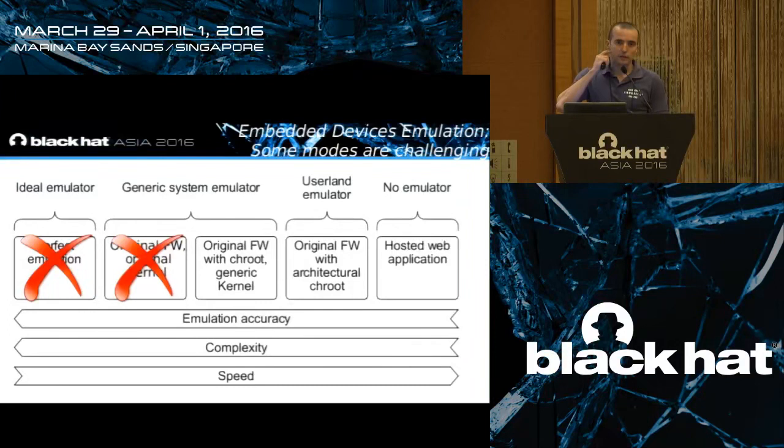We also cannot use the original firmware and original kernel so much, and the reason is that less than 10% of the firmware we analyzed in previous and current works comes with an actual kernel. If you look at embedded devices, most of them run on kernel 2.6.32 or 2.4 or 2.2.